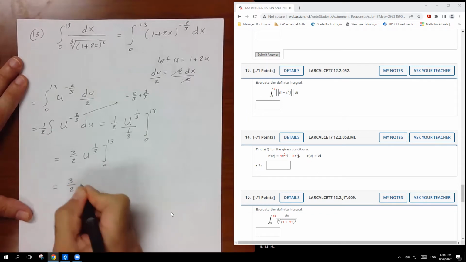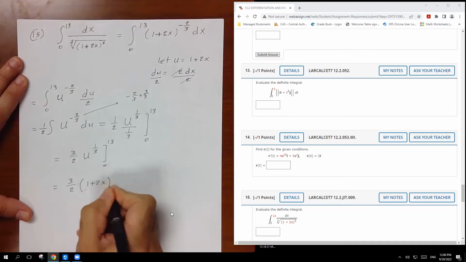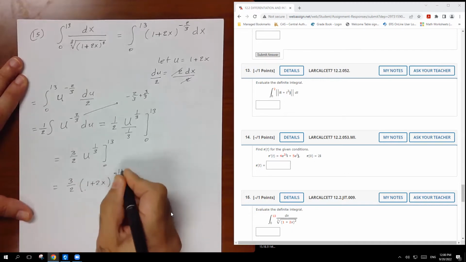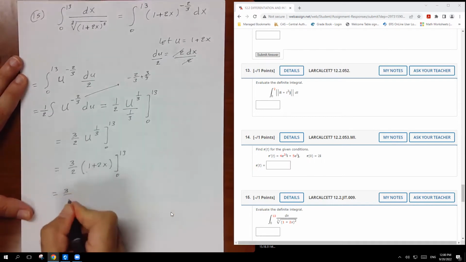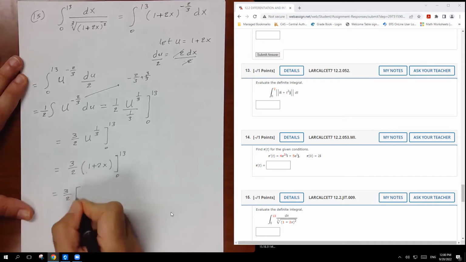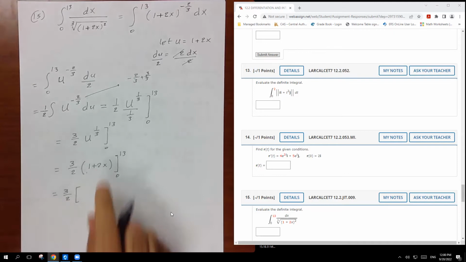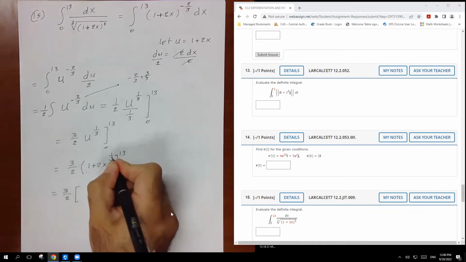So 3/2 u is 1 plus 2x, and the border is from 0 to 13. So this one is going to be 3/2. Let's plug in 13. Also I forgot 1/3. Don't make the same mistakes.